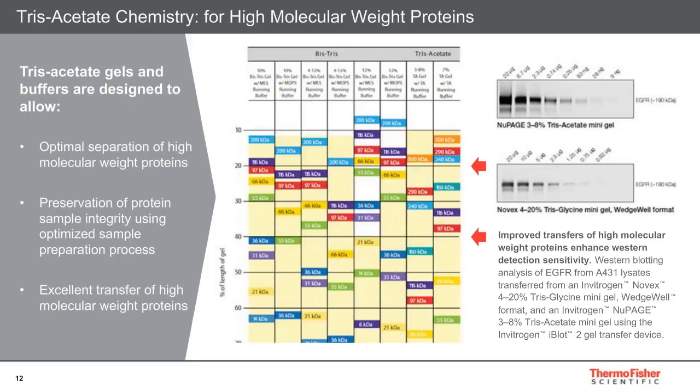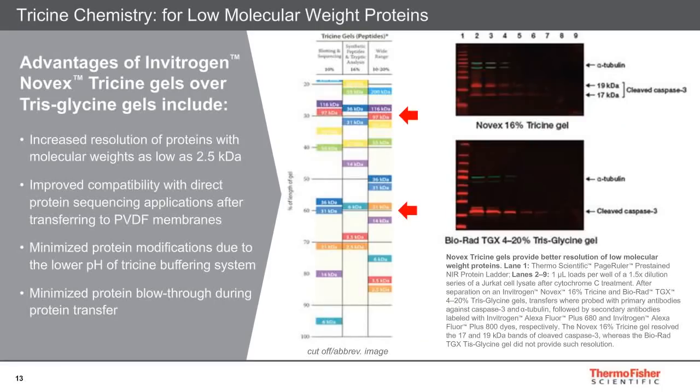The image on the right shows detection of EGFR at decreasing lysate concentration from left to right. The NuPAGE Tris-Acetate gel on the top shows significantly better transfer efficiency and sensitivity of detection compared to the Tris-Glycine gel at the bottom, which is really not an optimal chemistry to detect high molecular weight proteins.